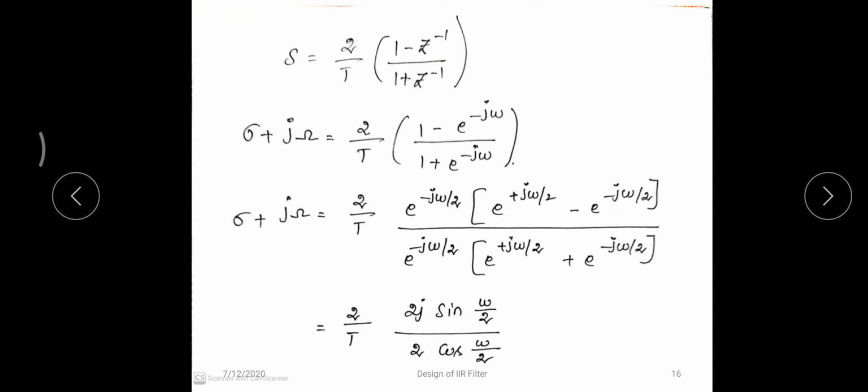After taking common, I can cancel these two terms. Now the numerator looks like e power j theta minus e power minus j theta. As per Euler's rule, that is nothing but 2j sin theta. And coming to the denominator, this looks like e power j theta plus e power minus j theta, which is 2 cos theta. So once again the 2 gets cancelled, sin omega by 2 divided by cos omega by 2, which is nothing but tan omega by 2.